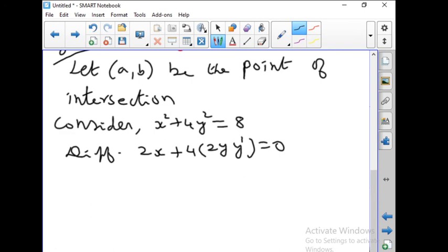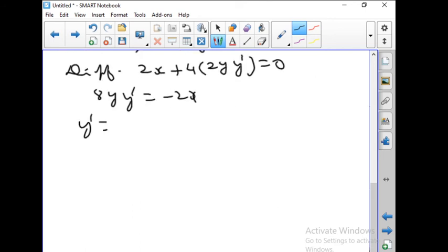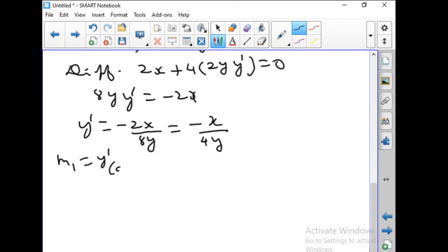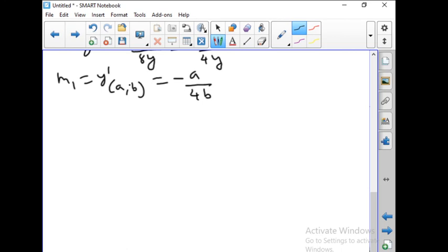So 8y y dash is equal to minus 2x. So y dash is equal to minus 2x by 8y, which gives us minus x by 4y. Then m1 is y dash at a comma b, so it is equal to minus a by 4b. Okay, so this is m1.